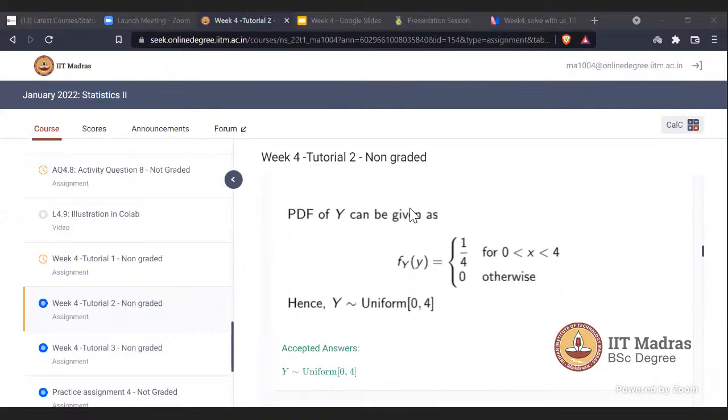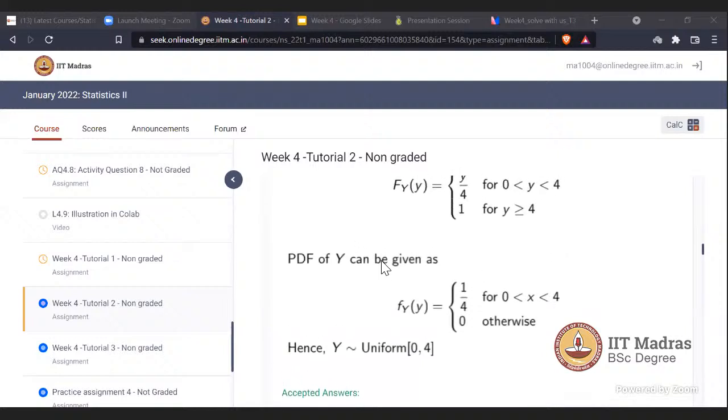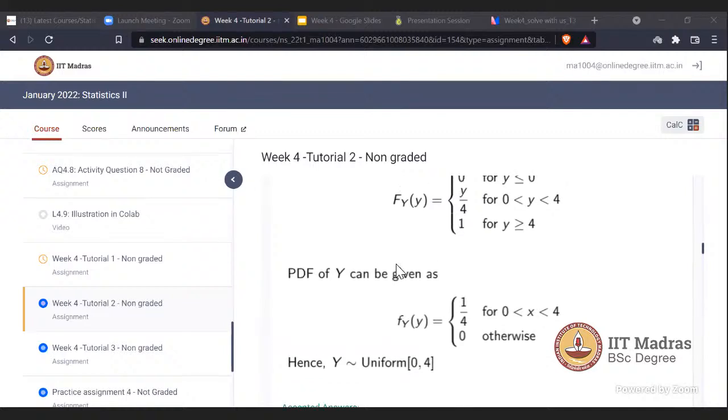Next, the PDF of y. To find the PDF, you just have to differentiate the CDF.